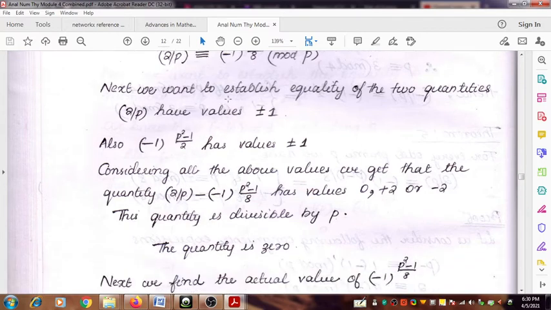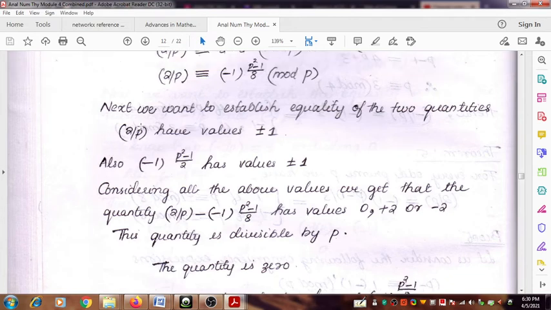We want to establish the equality of the two quantities. The Legendre symbol (2 bar p) has value either plus 1 or minus 1, and also minus 1 raised to (p square minus 1) divided by 8 has value either plus 1 or minus 1.